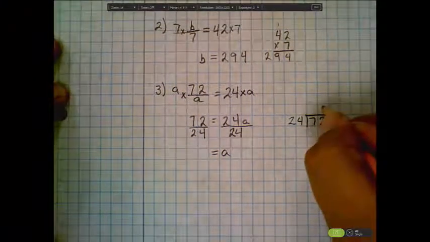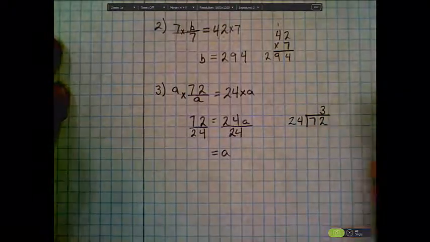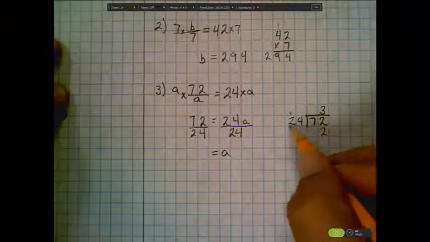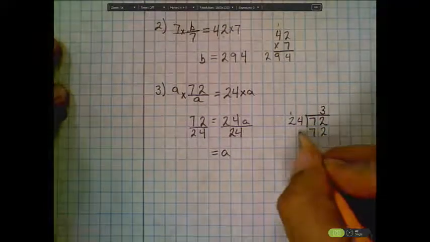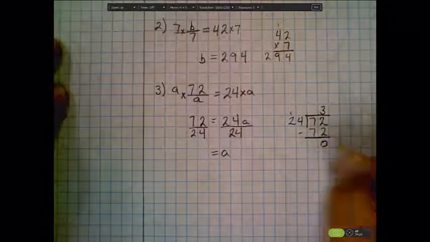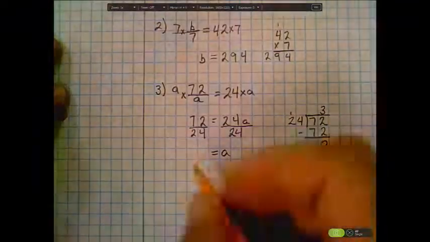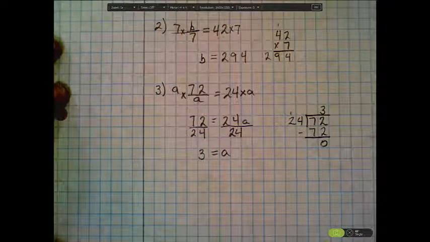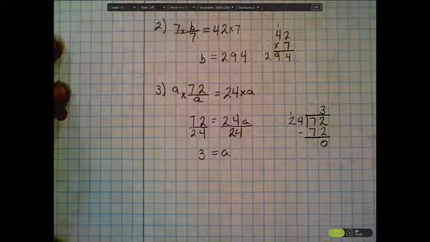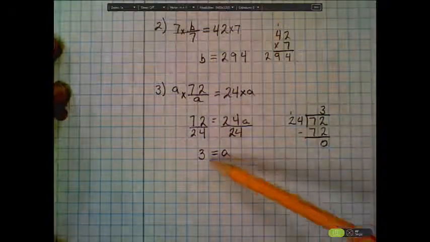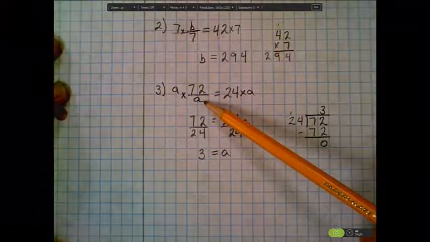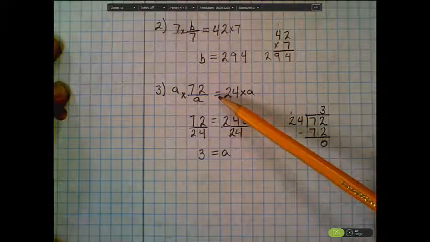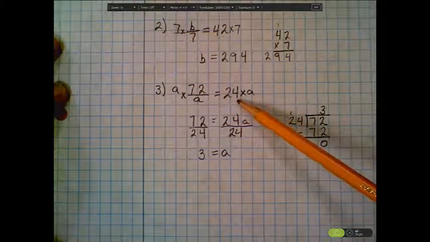We rounded them off, so I'm going to try 3 times. 3 times 4 is 12. 3 times 2 is 6, plus 1 is 7, and that one works out. We have a remainder of 0, and so our answer over here is 3. a is equal to 3. So if we took our value that we just found and substituted it back in, this would say that 72 divided by 3 is equal to 24.